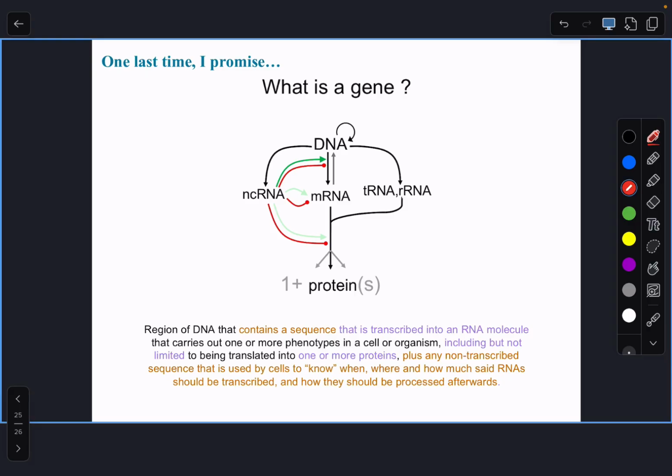And any sequence that, like what I was saying about the polyadenylation signal, any sequence that gets originally transcribed to the primary transcript, but is not part of the final mature mRNA molecule because it simply indicates further processing. And this is something that we'll touch again when we talk about splicing. There are sequences in that primary transcript that won't be there in the final product and yet carry information as to how the cell should deal with them. Okay? All right.